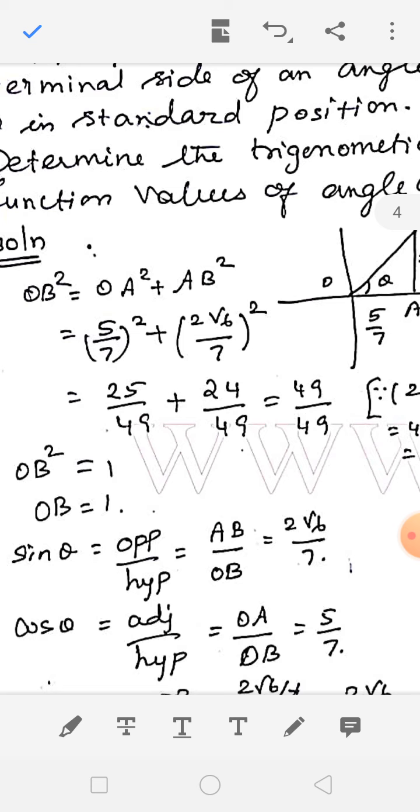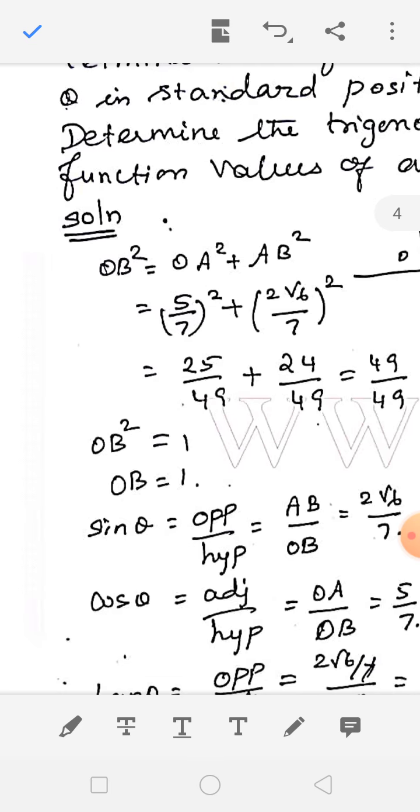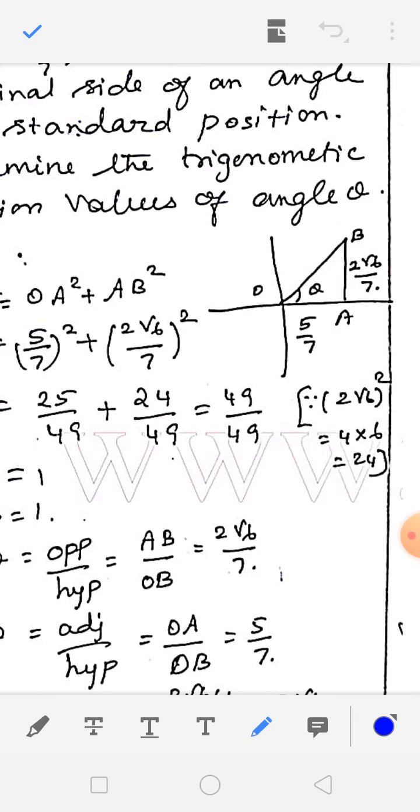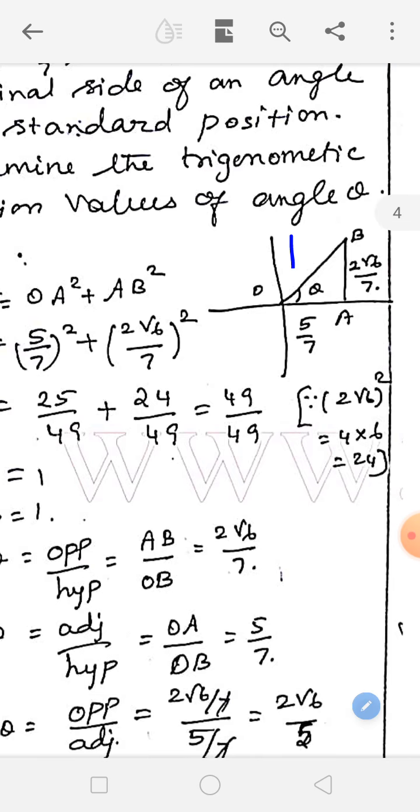The denominator is the same, so I put 49 there. 25 plus 24 is 49. 49 by 49 is equal to 1. So OB square is equal to 1. So what is the value of OB? Root of 1, which is 1 only. So OB value we found, OB value is 1.